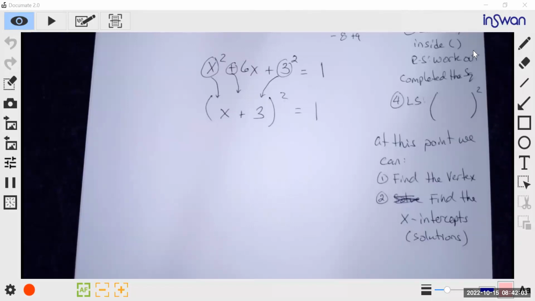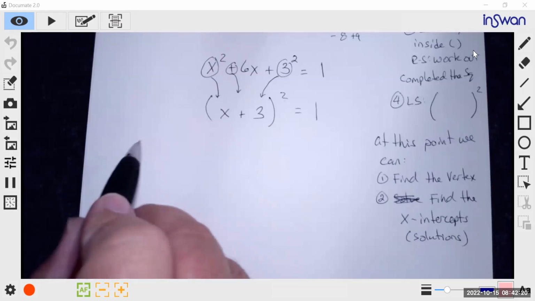When we have it written like this, we could either find the vertex or we go ahead and solve it. Let's look at both of them.